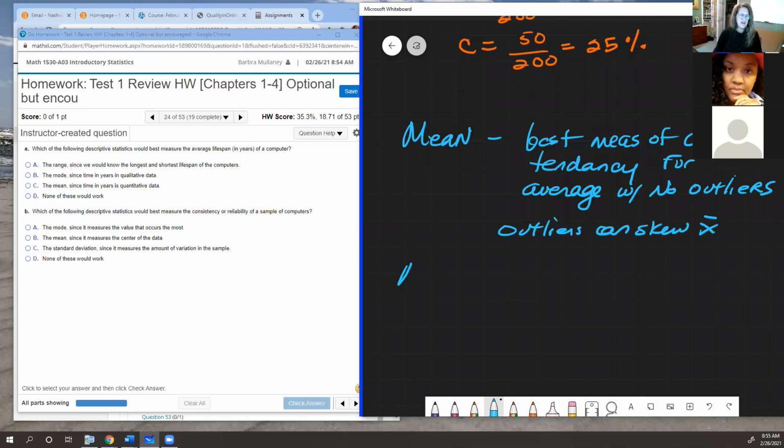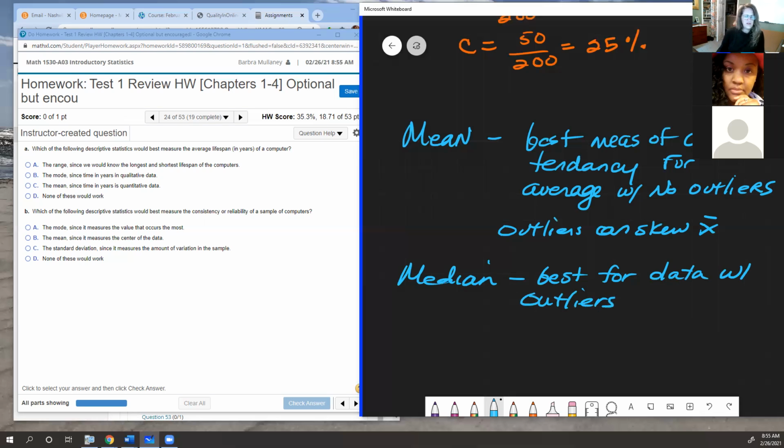So the median is best for when there are outliers, because it is not affected by extreme values.